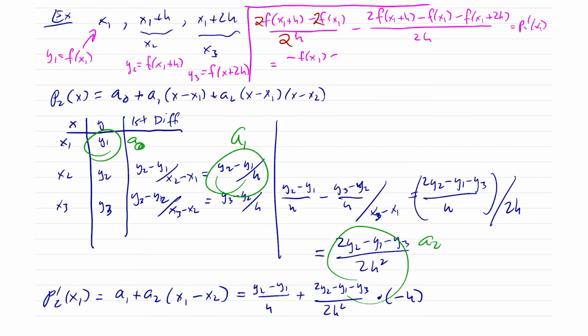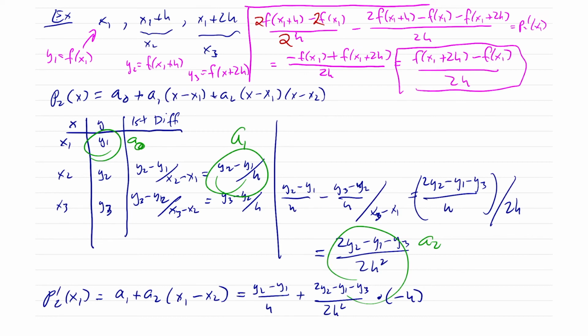Then I'm subtracting a negative, so it should be adding f of x1 plus 2h, divided by 2h. And so altogether we get f of x1 plus 2h minus f of x1 divided by 2h. And this is another formula that we can use.